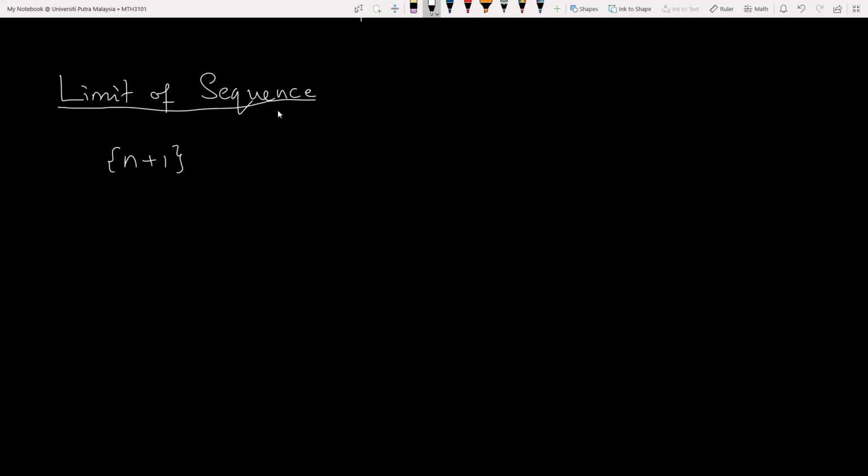Because n is the number of term, it's like counting number. Okay, so n from 1 and so on, it's positive integers. So n plus 1. This sequence is growing. This is increasing without boundaries.